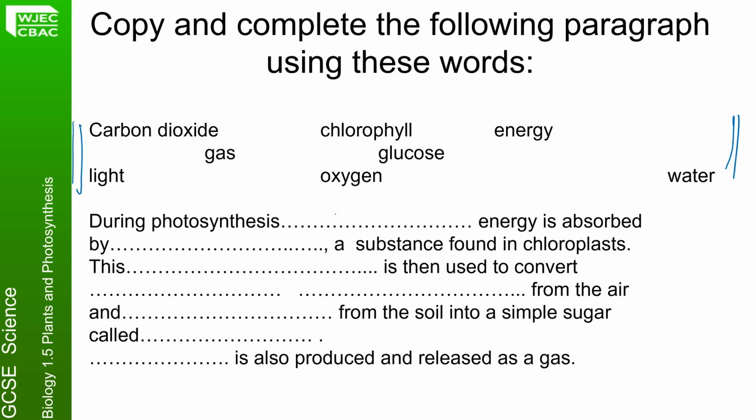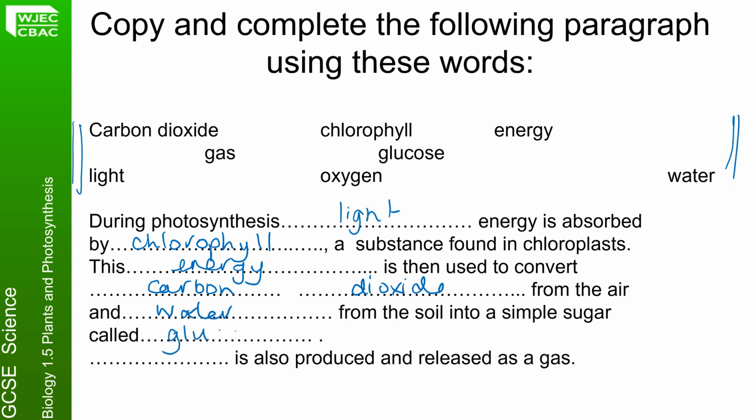So during photosynthesis, light energy is absorbed by chlorophyll, a substance found in chloroplasts. This energy is then used to convert carbon dioxide from the air and water from the soil into a simple sugar called glucose.